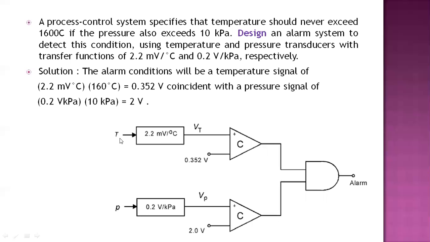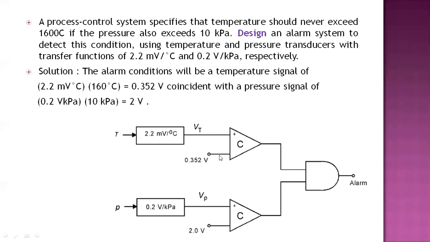The same thing is done over here. We have considered T, that is temperature, and V is the pressure. The references are also given so that if they get exceeded, the signals will be given to the AND gate and the alarm will sound. So here it is a process control system as it specifies the temperature should never exceed 160 degrees Celsius, and also if pressure exceeds 10 kilopascal.